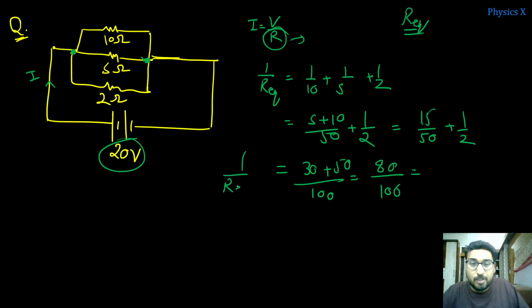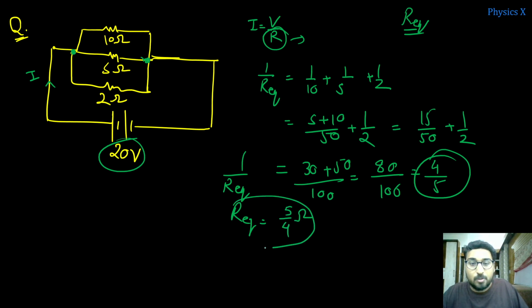This is 1 by R equivalent. So R equivalent is nothing but, you will reciprocate this, so it will be 5 by 4 ohms. So you know the value of the equivalent resistance, right?